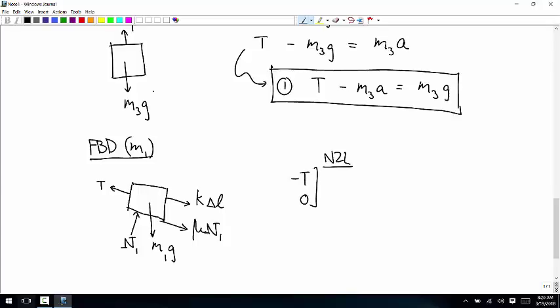So we got negative T, 0, plus 0, N1, plus mu N1, 0.